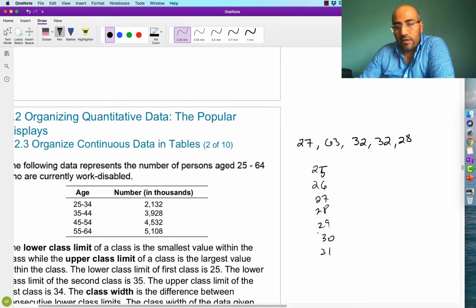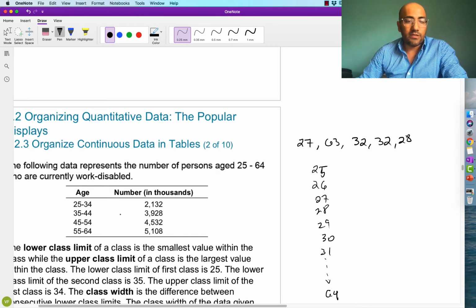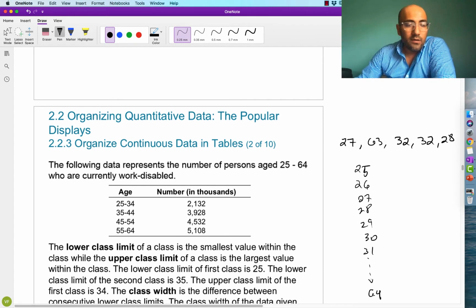So we'd have each one of these going all the way down to 64. So already it would be difficult to digest that data. So rather than writing down one whole class for each of the numbers that are possible, we group them up. And so here's an example. They've been grouped up this way.